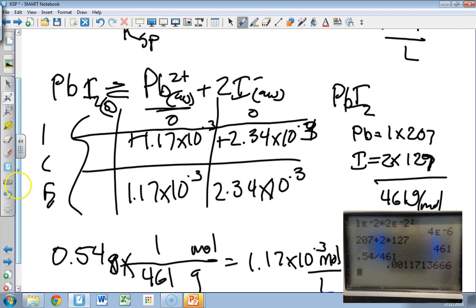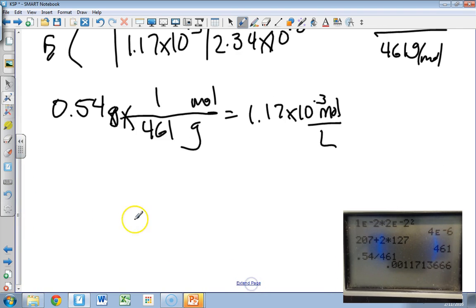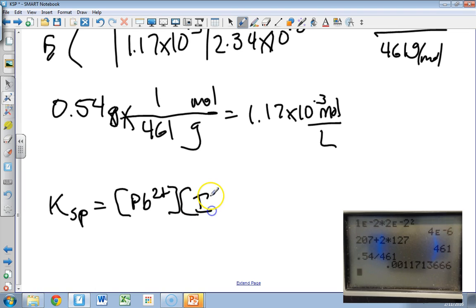So now we calculate our Ksp. Let me not jump ahead here because you haven't seen this enough. So this is the concentration of Pb2+ times the concentration of I minus squared, right? This is the equilibrium part. We have to keep the equilibrium part separate from the stoichiometry part.